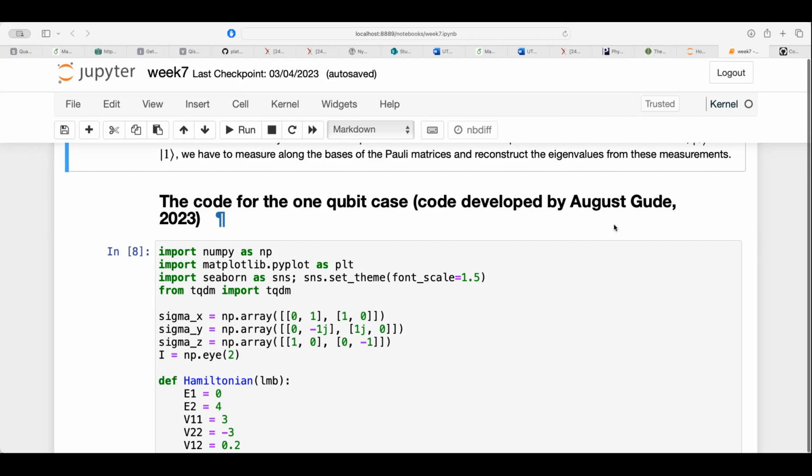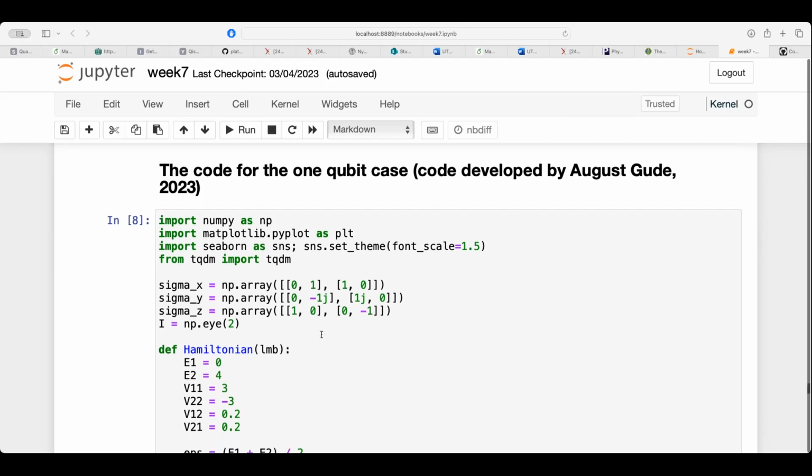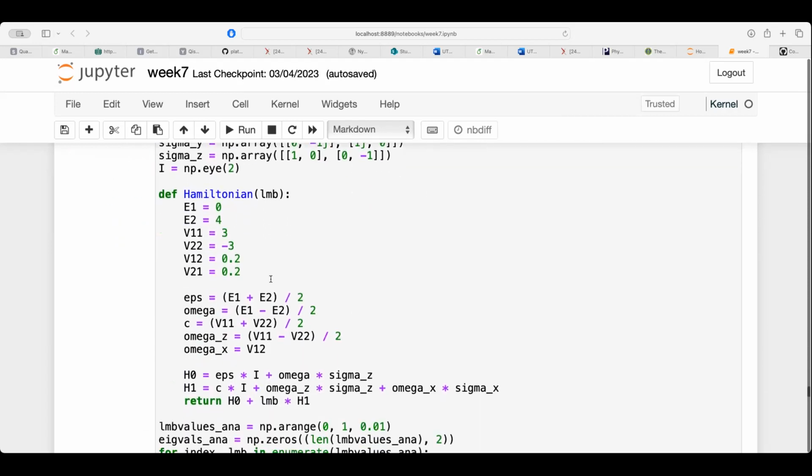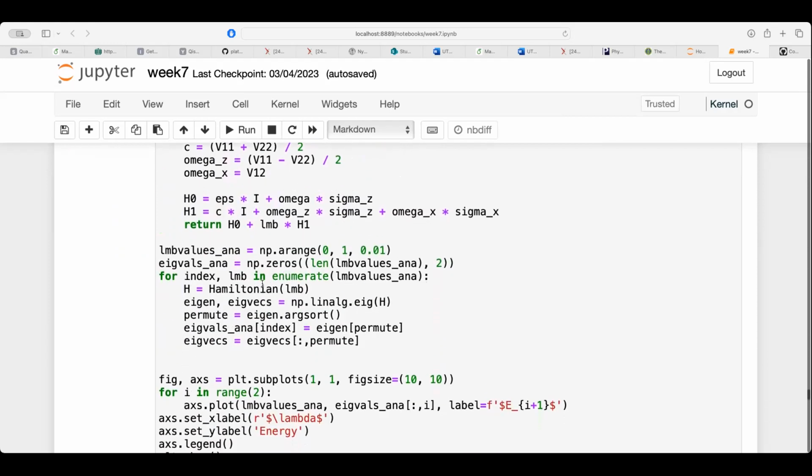Now, what you find here is just another way of setting up the basis. It's basically the same philosophy. We are setting up the sigma X, sigma Y matrices. This is the Hamiltonian, which you've seen before, ad nauseam. And we are setting up the different lambda values because we have a strength parameter in front of the Hamiltonian.